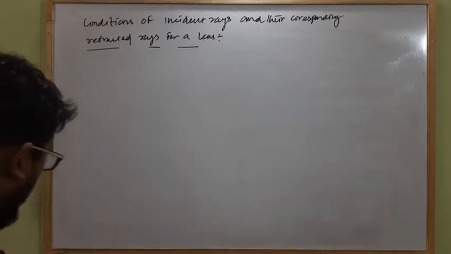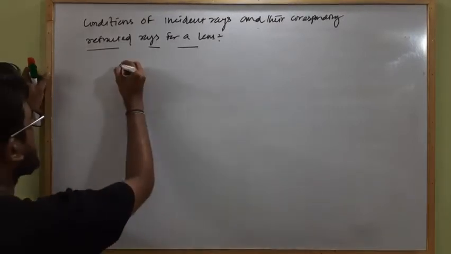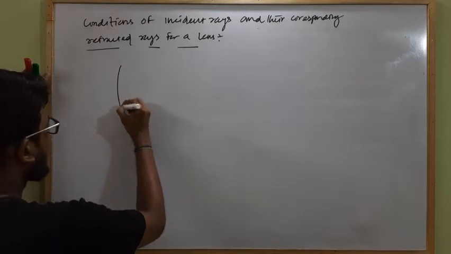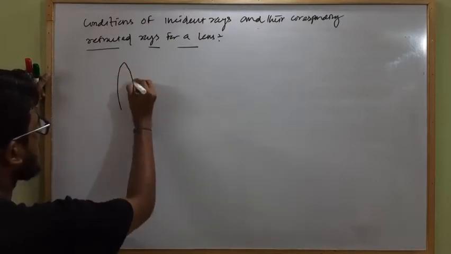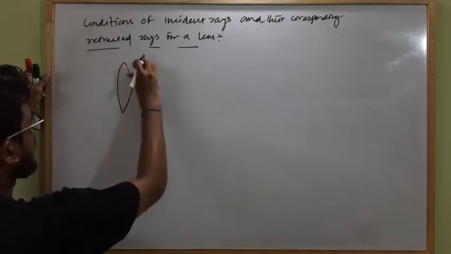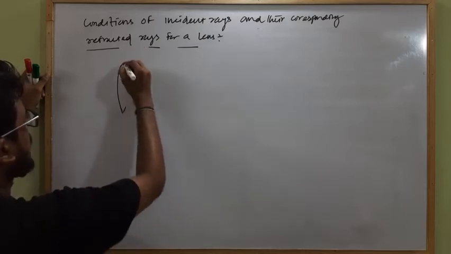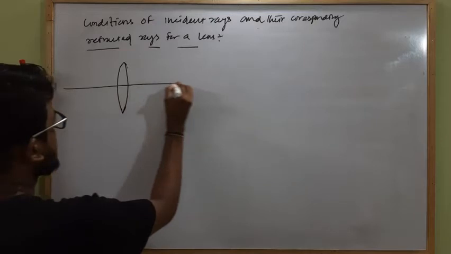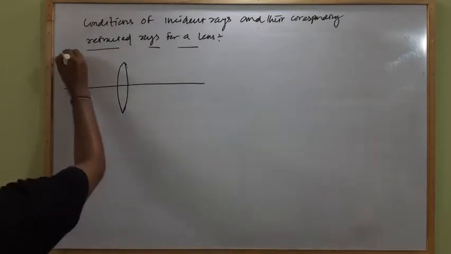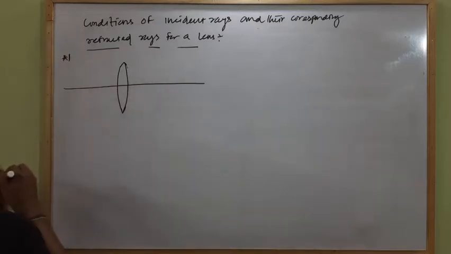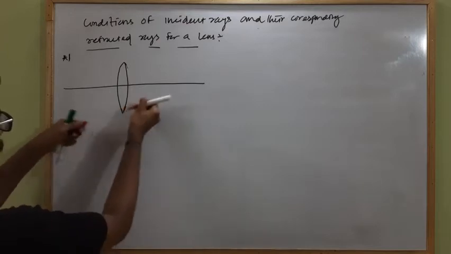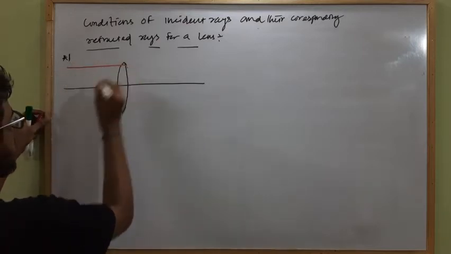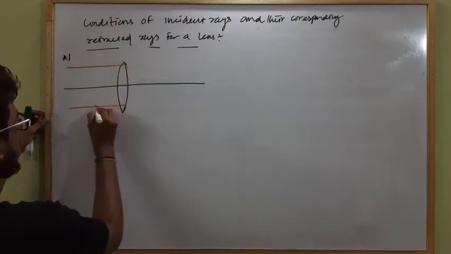Okay, so first case, when incident rays are coming parallel to the principal axis, if this is a lens, okay, this is the principal axis. You have to remember case 1, when incident rays are coming parallel to the principal axis, like this.